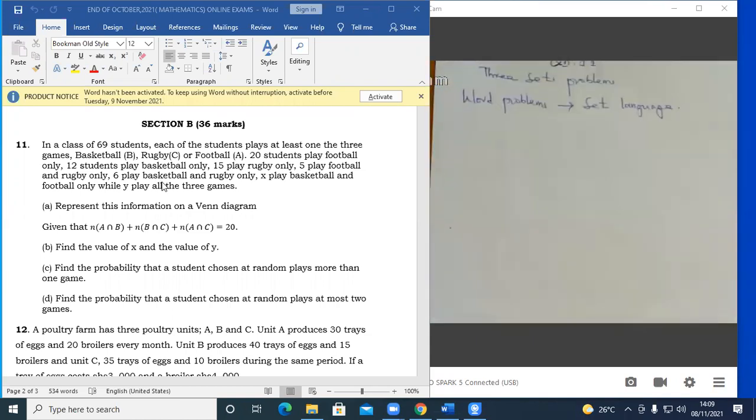Yes. So when we look at this question that said, in a class of 69 students, what is that going to represent?